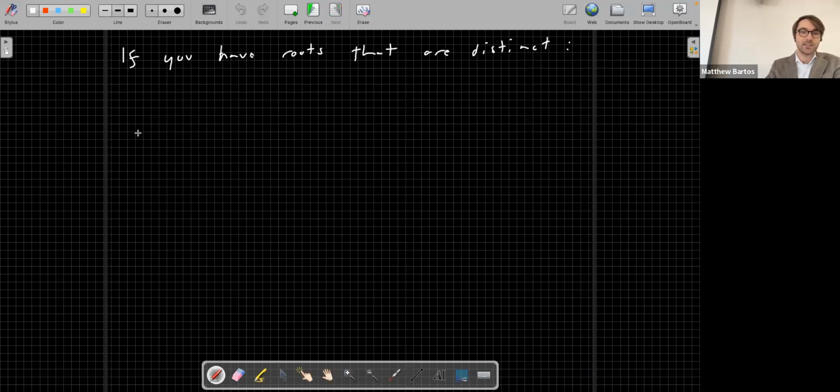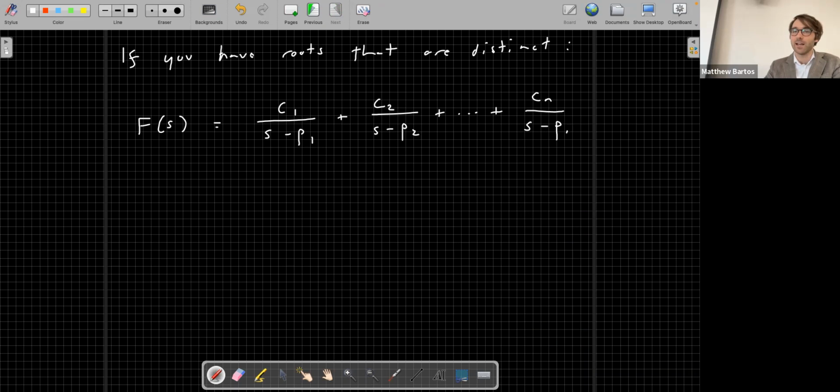And you can write that in terms of its partial fractional expansion as C1 over s minus P1 plus C2 over s minus P2, and so on to Cn over s minus Pn, the nth pole of the system, or the nth root of the characteristic equation. Okay, so this gives us a way of breaking up our rational function that we showed before.